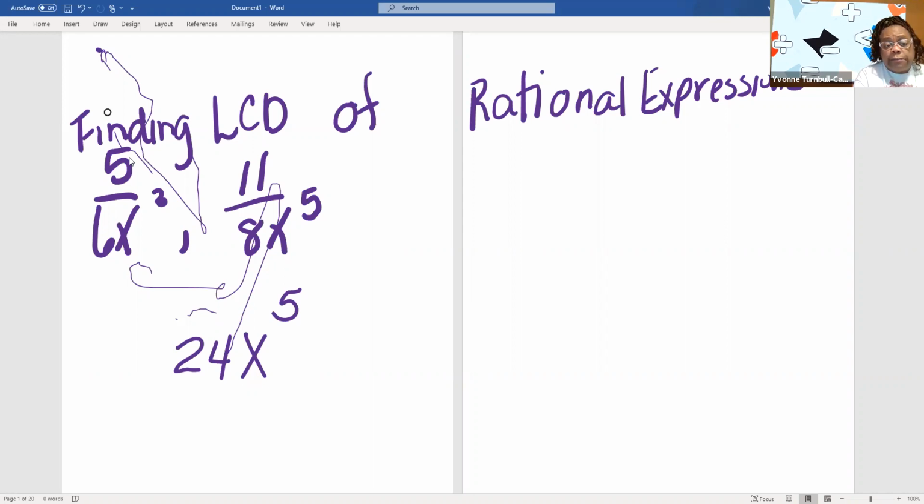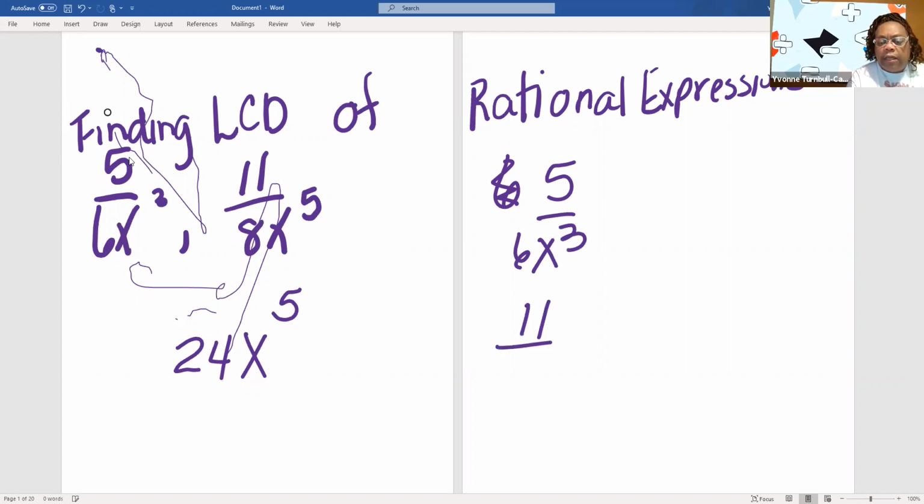Why? Let me show you why that is true. Okay, so I have 5 over 6x cubed, and I have 11 over 8x to the 5th.